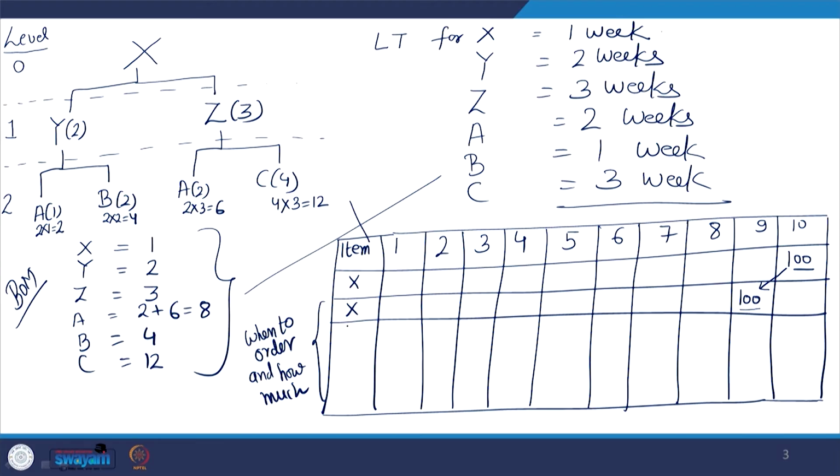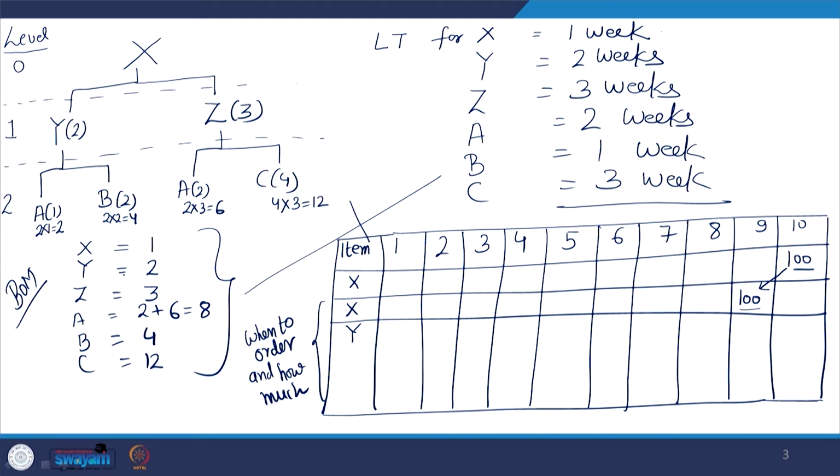Now, come Y. Y and Z are required for making our X. I want to make the X in period number 9, and X can only start making in period number 9 when Y is available to me. I want how many Y's? Because for one X, 2 Y is required.